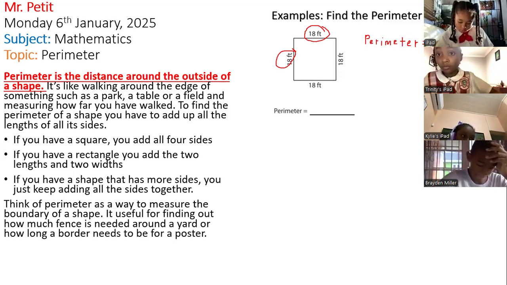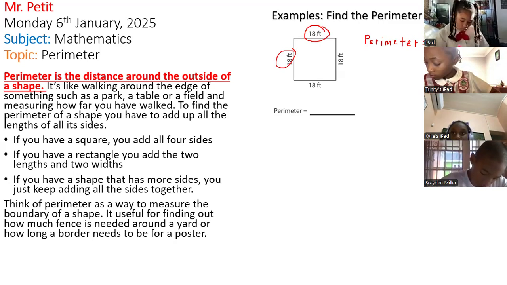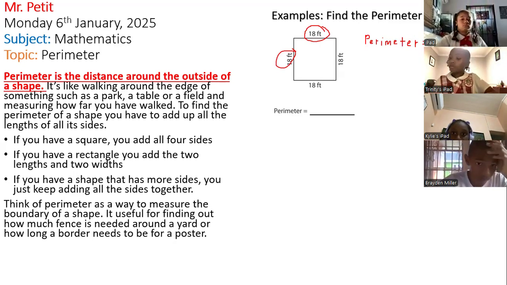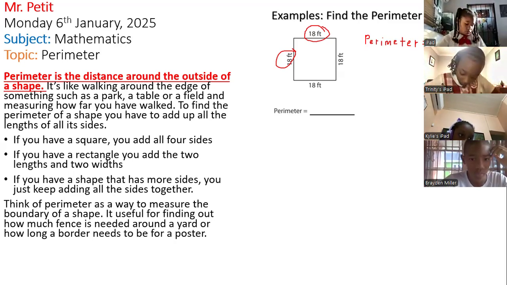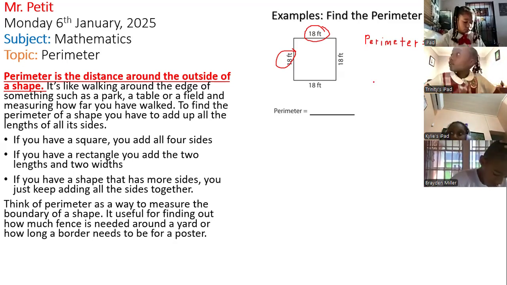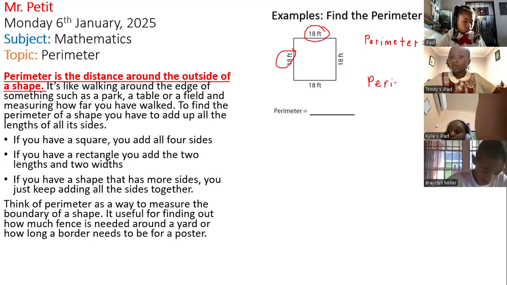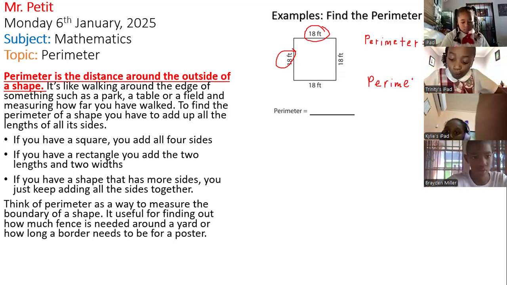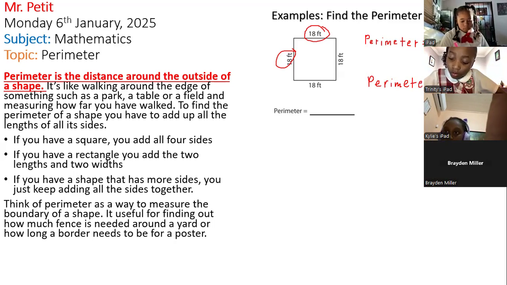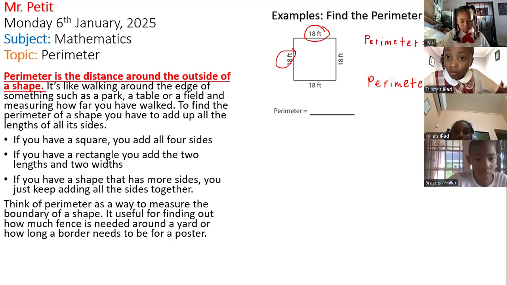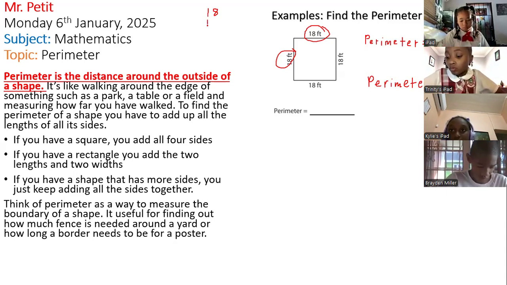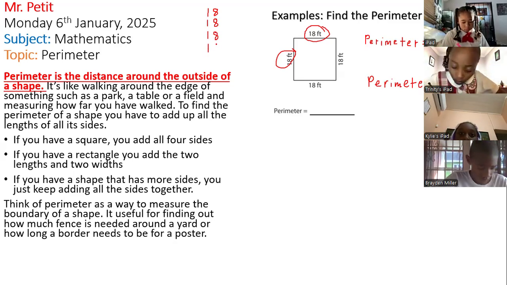Still on the notes? Okay. So when we add them all together, the perimeter is equal to 18 plus 18 plus 18 plus 18.